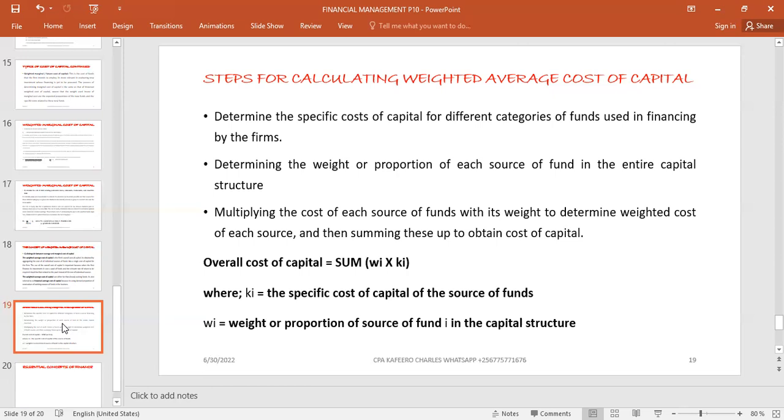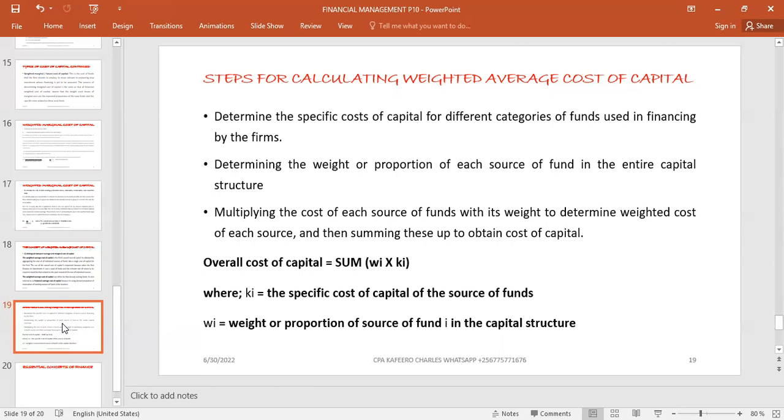What if you want the proportion of each to the total? It will be the cost of debt over the total, times 100, which gives us the percentage or proportion of what each item contributed to the total pool.